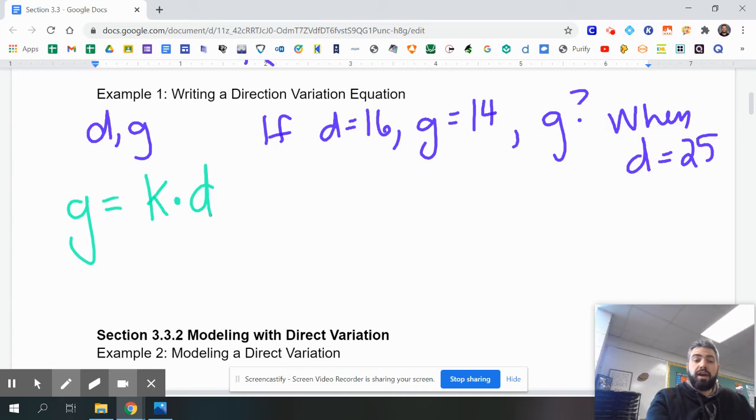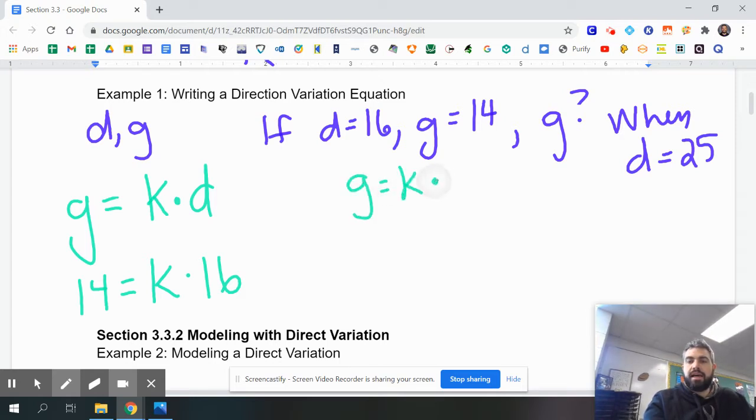Okay, so let's plug in our values. So in the first one, 14 is equal to k times 16. All right? But if we think of it the other way, it says g is equal to k times d. In our case, it'd be g is equal to k times 25.